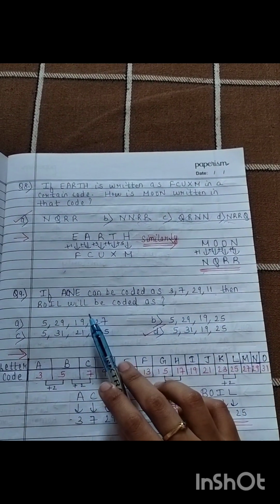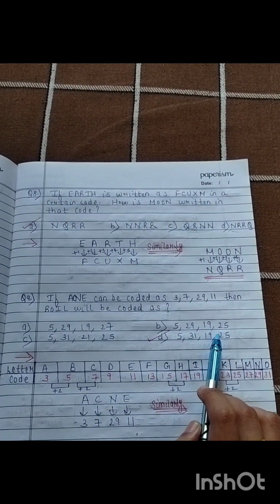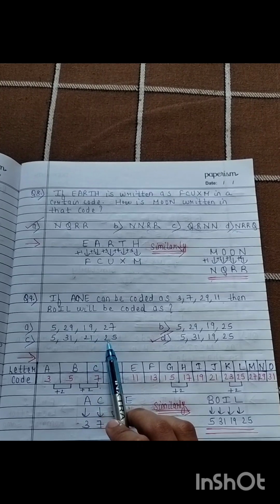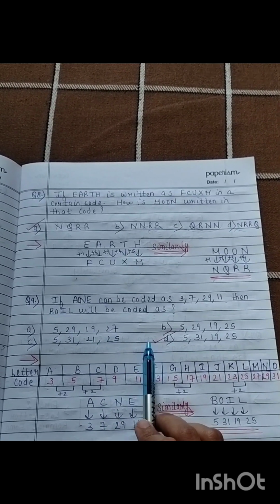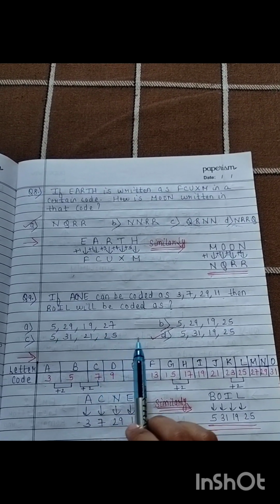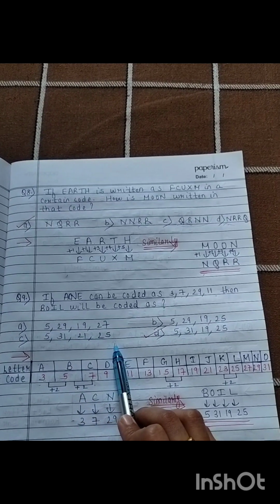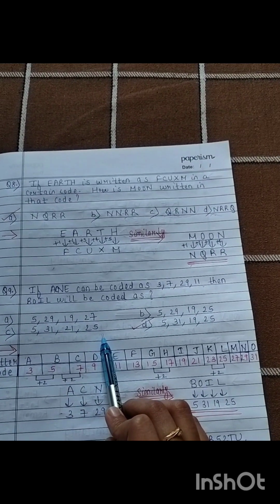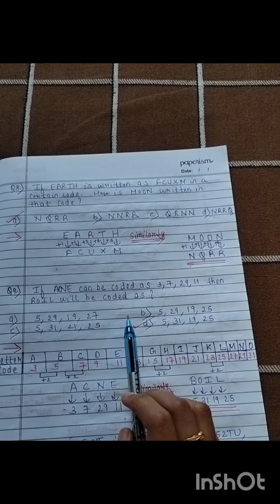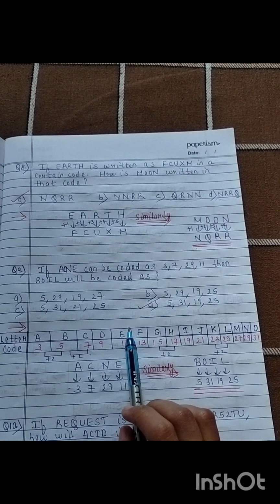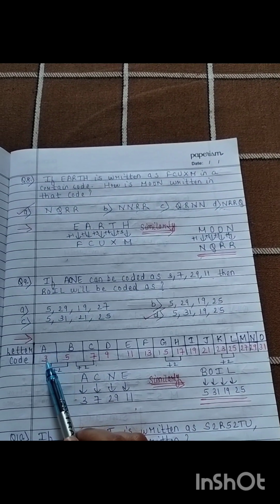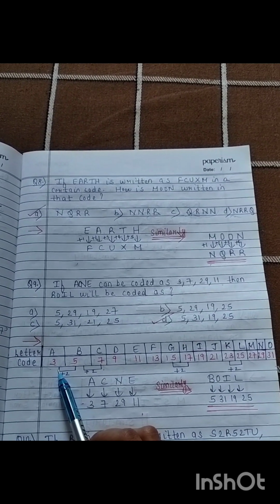But when you see the options, they are all odd numbers. When you look through the options, you get 21, you get 25. They are not prime numbers. So what is the logic behind this? A starts from 3, correct?